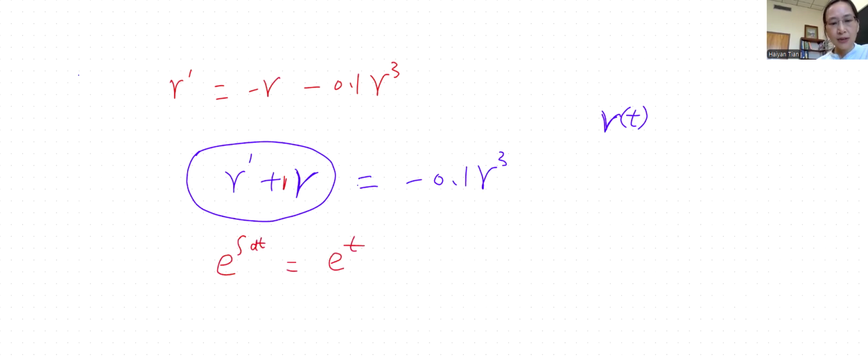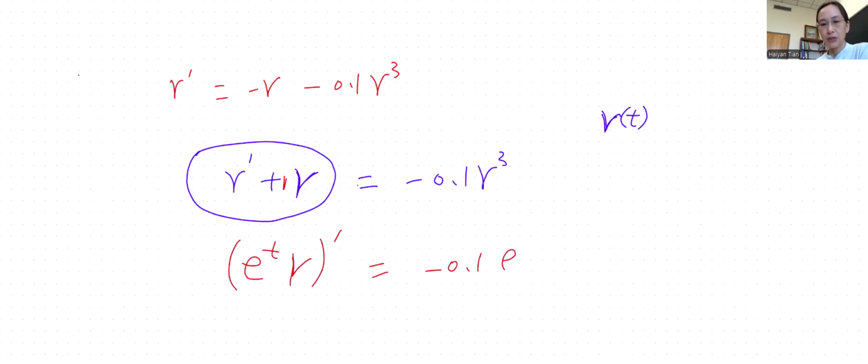So we use that e to the t, and we multiply both sides of the equation by this e to the t. And then the left side will become e to the t times r derivative. And the right-hand side, after you multiply by e to the t, is going to be this.